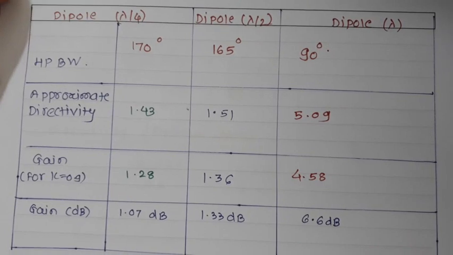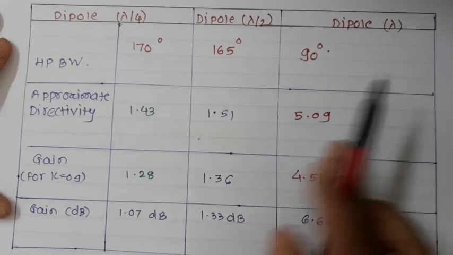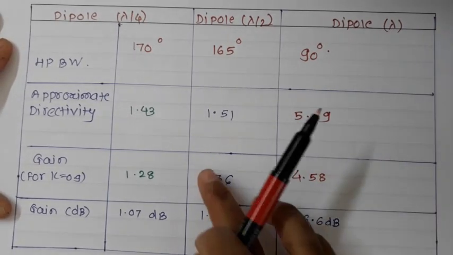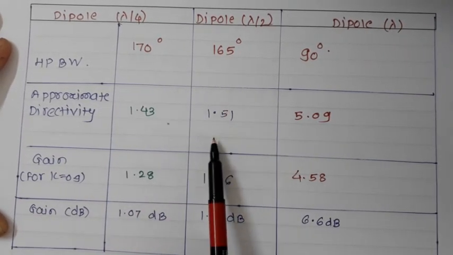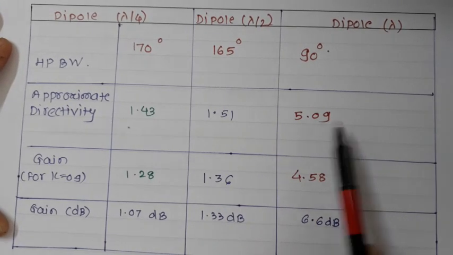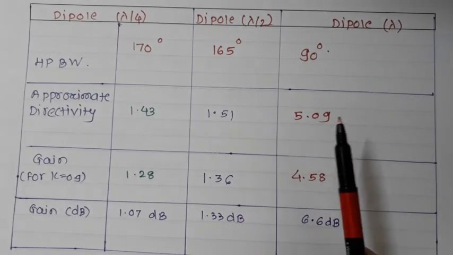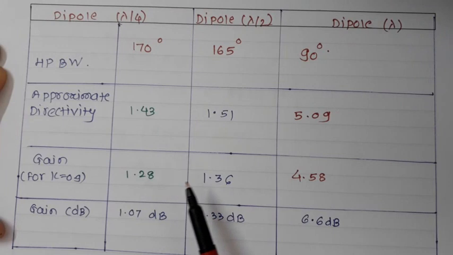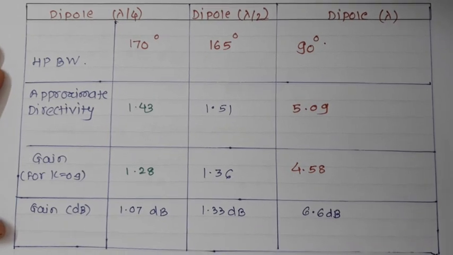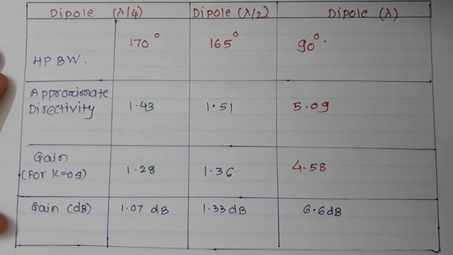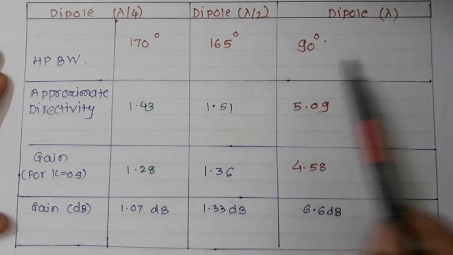First is lambda by 4, lambda by 2, and lambda. You can find that lambda by 2 and lambda have greater directivities as compared to the other antenna. Gain is 1.28, 1.36 and 4.58. You can convert it into dBs. So this is all about the comparison of antennas lambda by 4, lambda by 2 and lambda.